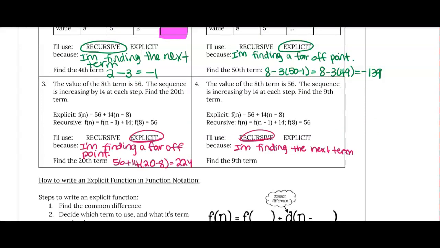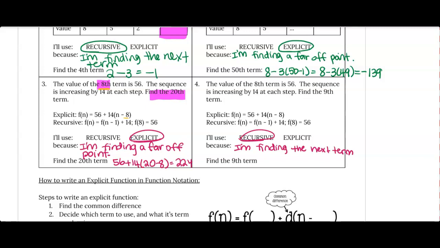So as you can see in number 3, since you were finding the 20th term starting at the 8th term, then you'll use the explicit. The thing to note is that now they've changed it to an 8 instead of a 1 because they gave you the 8th term. So you would plug in and do 56 plus 14 times 20 minus 8 and get 224.